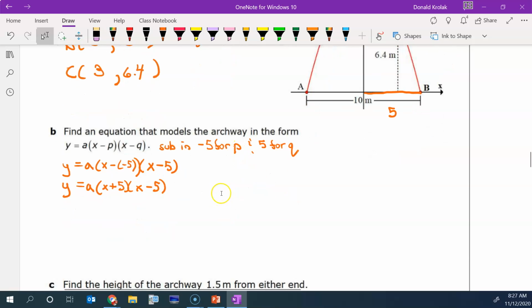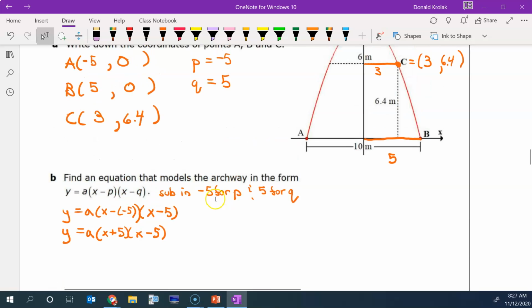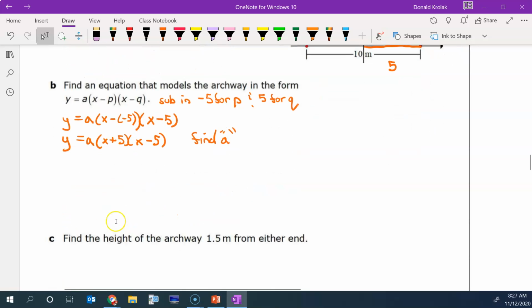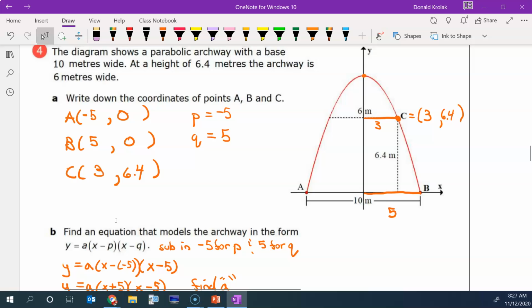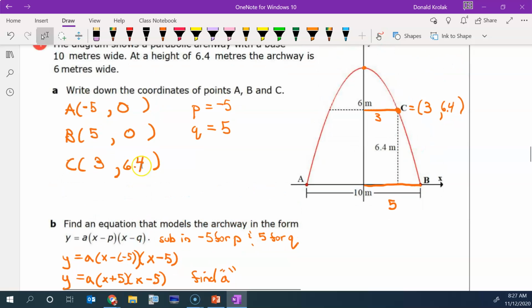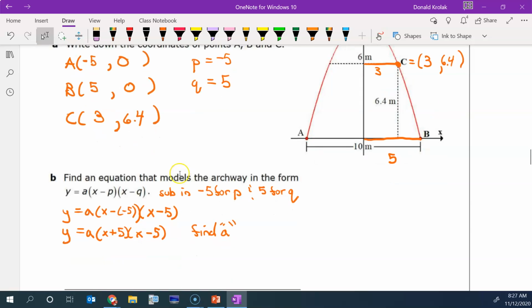Okay, now how do you find A? So now we got to be able to find what A is. And once we have A, then we got the equation. How do we do it?